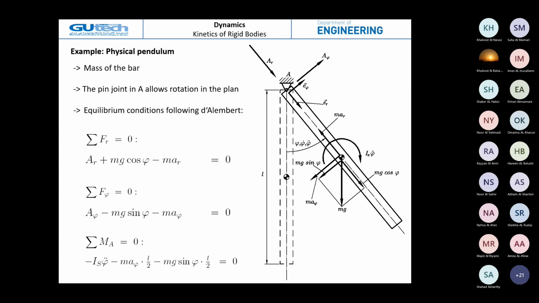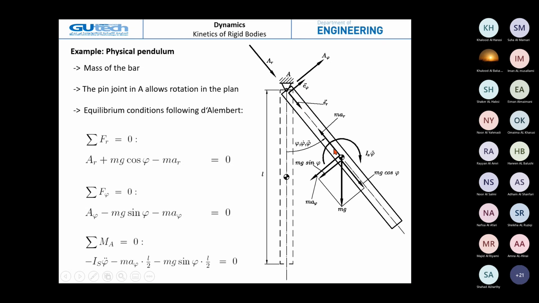And additionally now, this force here, mg sine phi, the circumferential one, also induces moment about the point A. Here, the radial inertial force as well as the projection of the weight along the radial direction induce no moment, as they are along the axis A_r.